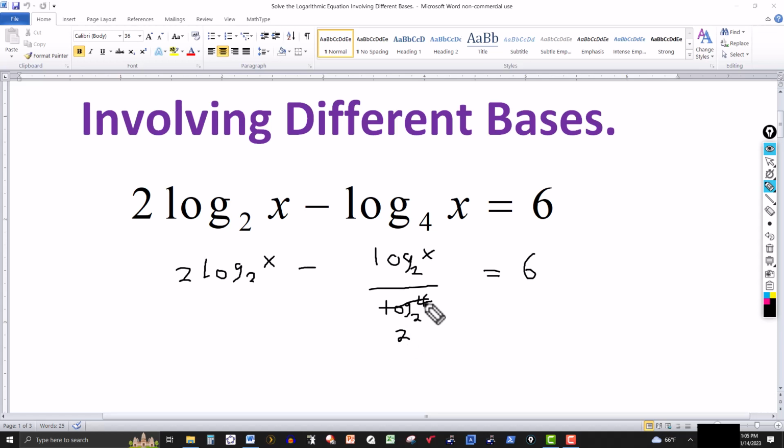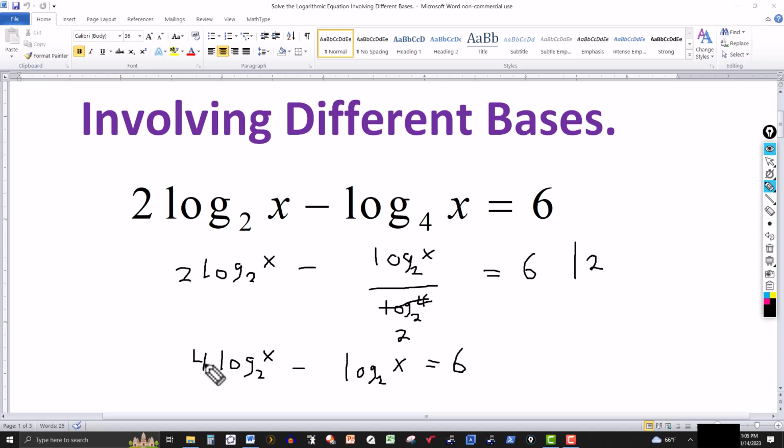And then I just multiply through by 2. That'll give me a 4 over here. It'll be the log of x to base 2. This will be minus. And this 2 here will cancel because I'm multiplying by 2. So this would just give me the log of x to base 2 equals 6.